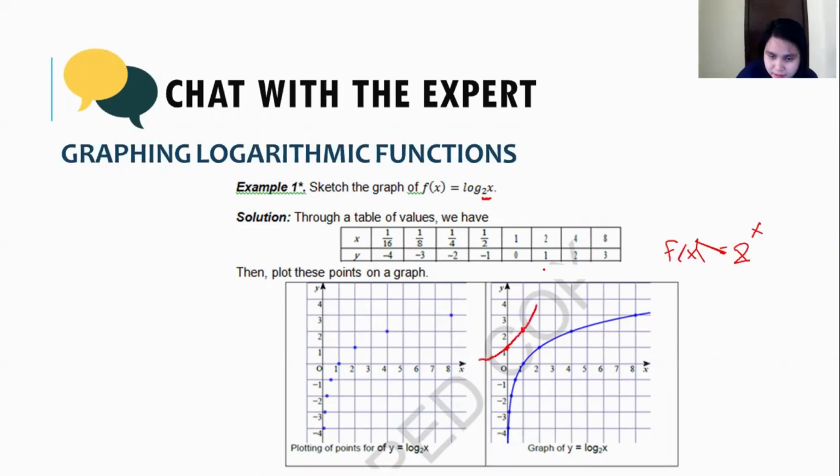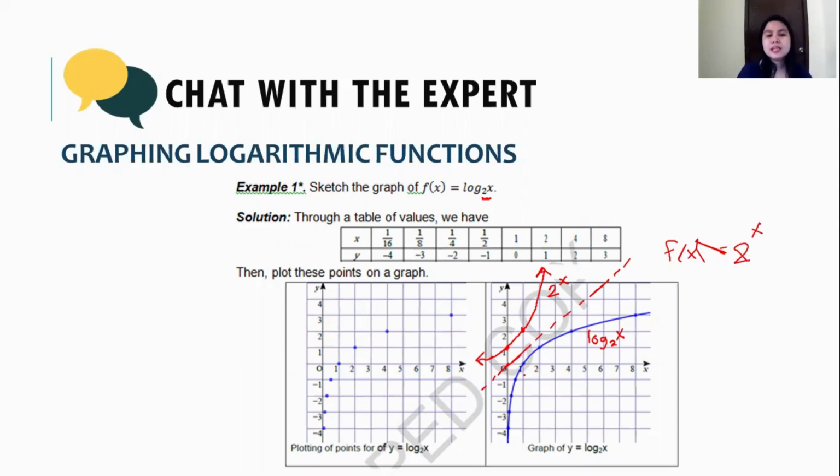This is the graph of the exponential function 2 to the power of x, while this is the graph of the logarithmic function log 2 of x. They are completely opposites, and you'll see that this is their mirror. We call it the axis of reflection.